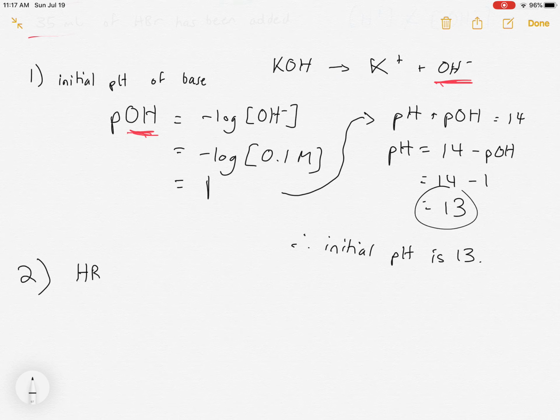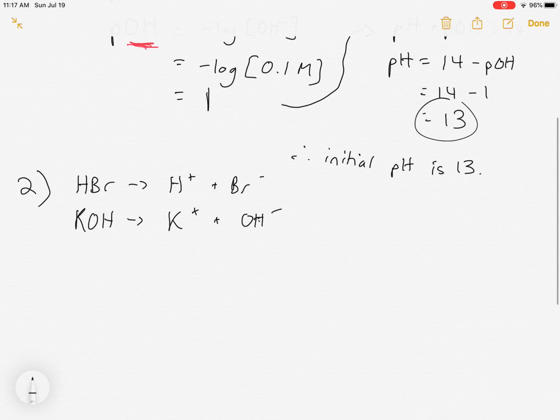We know that hydrobromic acid dissociates to give you one hydrogen ion and a bromine anion. And potassium hydroxide dissociates to give you a potassium cation and a hydroxide anion. In both cases, we see these are balanced ionic equations. It's a 1-to-1 ratio there.